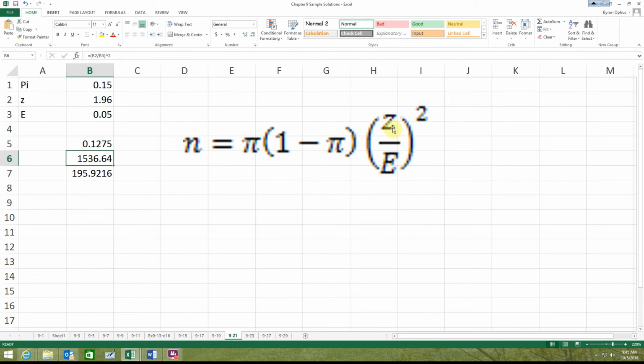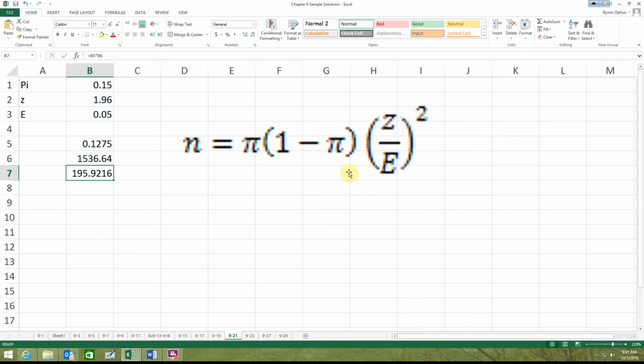I do the whole thing and then square it. So this is equal to my z. I'm probably going to need a parentheses here. So z divided by my e, parentheses, and I'm going to square that. Okay, so my little 10 into the second, and there we go.